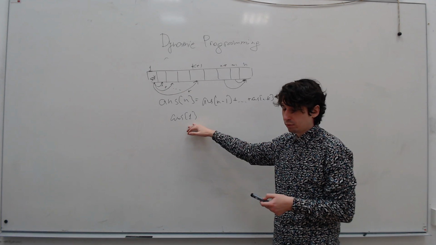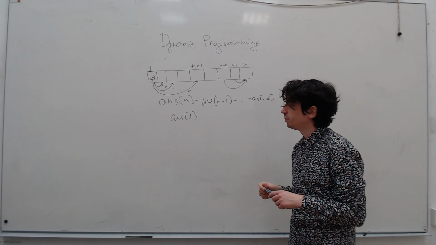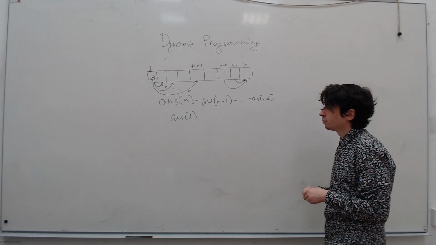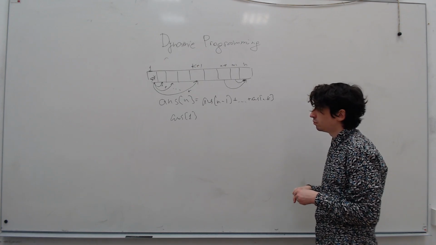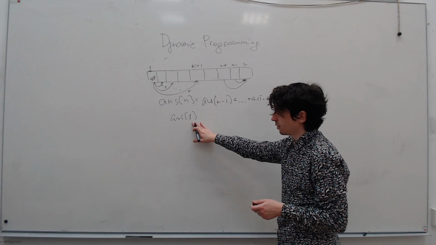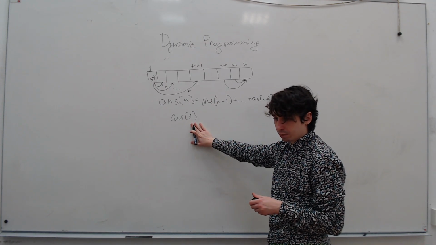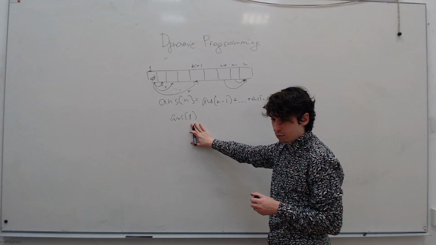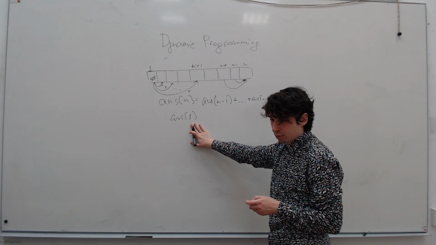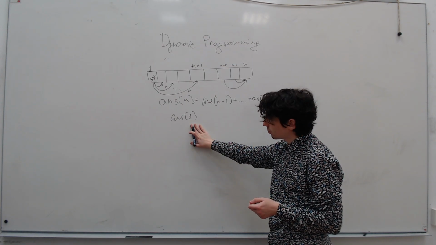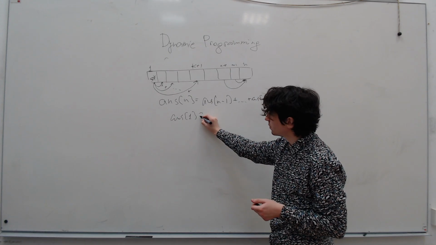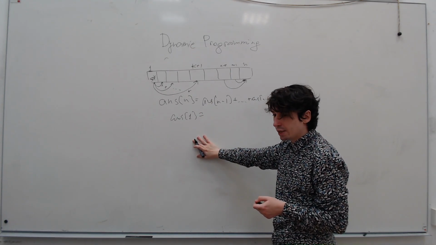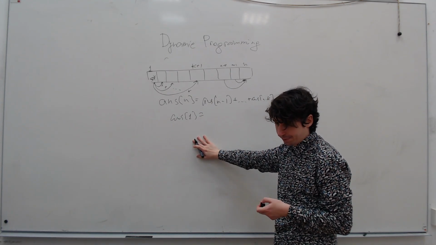The answer for 2 plus 1, so the answer for 1. What is the answer for 1? It is simple. How many ways can we jump from 1 to 1?